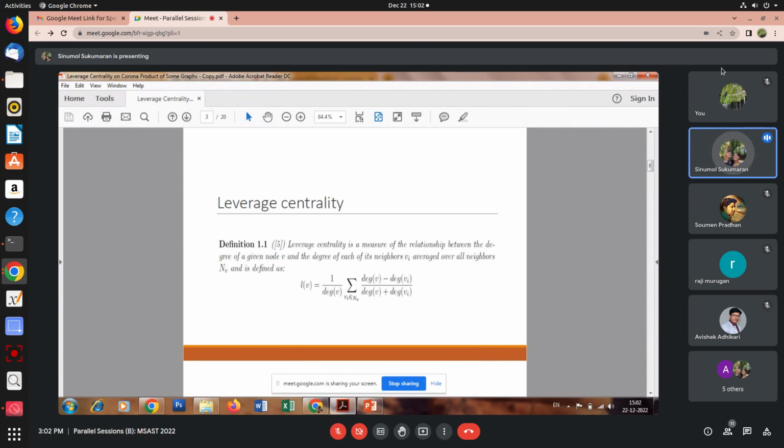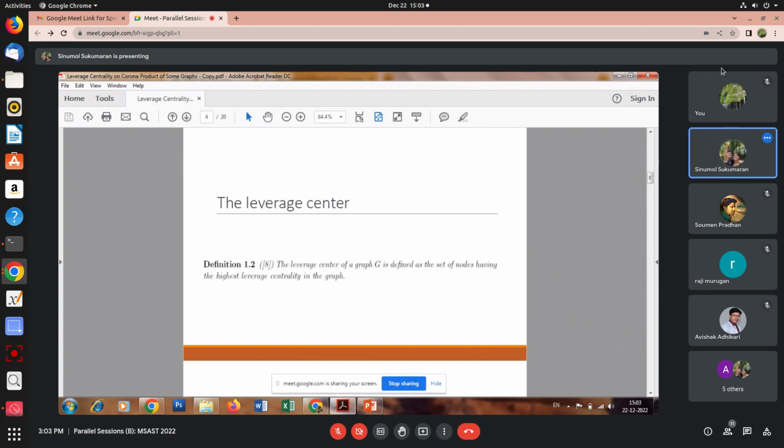The definition of leverage centrality: leverage centrality is a measure of the relationship between the degree of a given node V and the degree of each of its neighbors Vi, averaged over all neighbors N(V), and is defined as L(V) = 1/deg(V) times the summation of (deg(V) - deg(Vi)) / (deg(V) + deg(Vi)), where Vi varies over all neighbors of V.